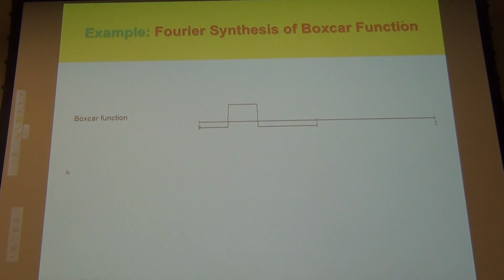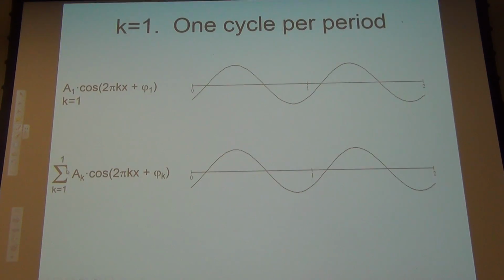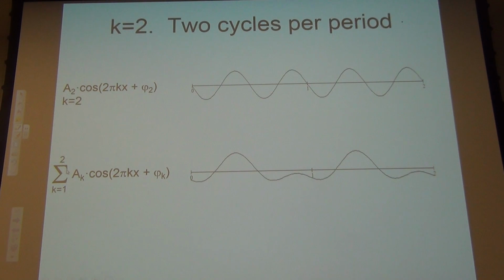Again, we use the boxcar function. We have this signal, a periodic boxcar signal. And my question is, can this function be reproduced with cosine waves? Of course, yes. We have the original cosine wave, and we add a cosine wave with a higher frequency.